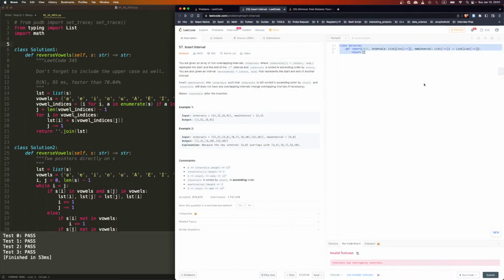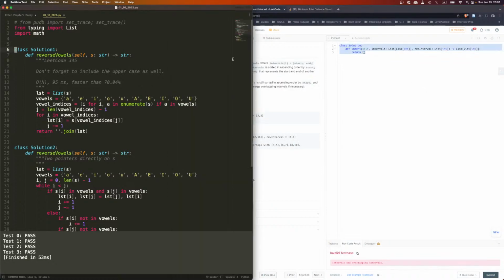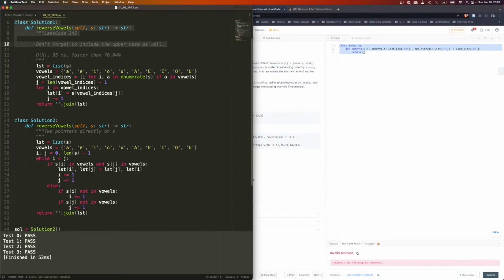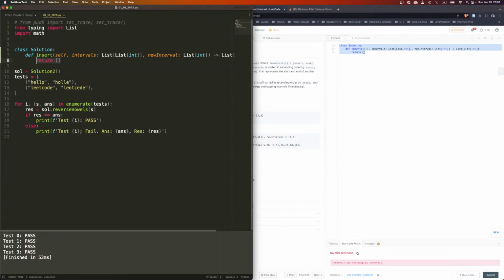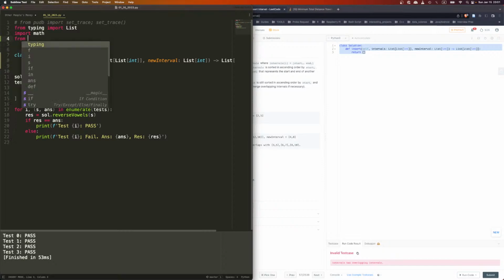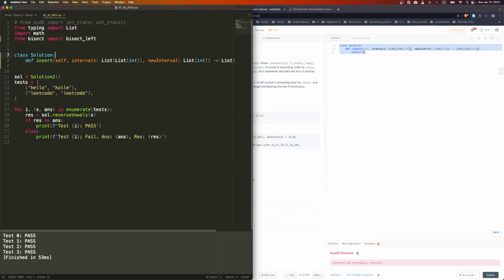All right, let's do this. It's already sorted, but we do need from bisect import bisect_left.